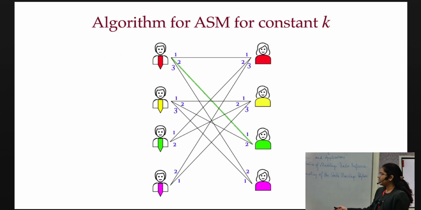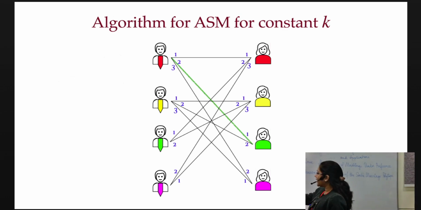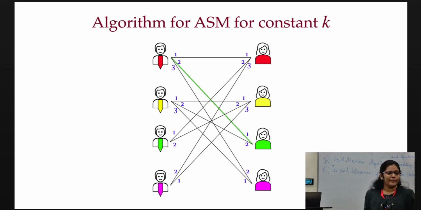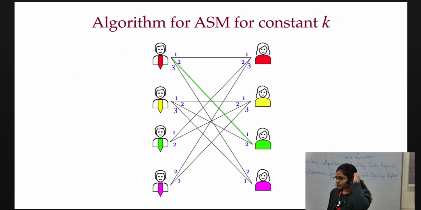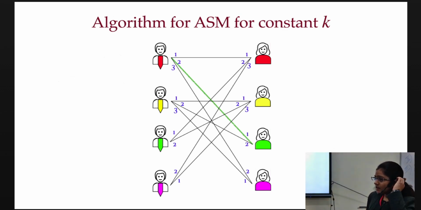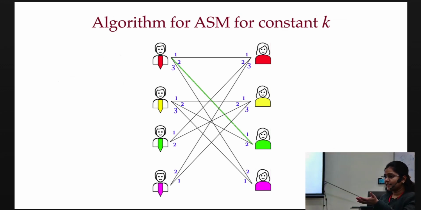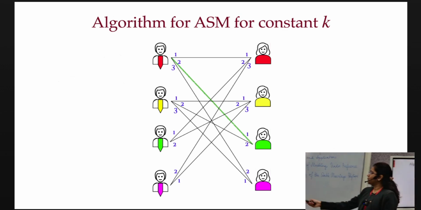So, we need to carefully prune it before applying Gale-Shapley, because otherwise you delete it, but this red will be matched and you will not get anything. This is the reason we are deleting these red ones.